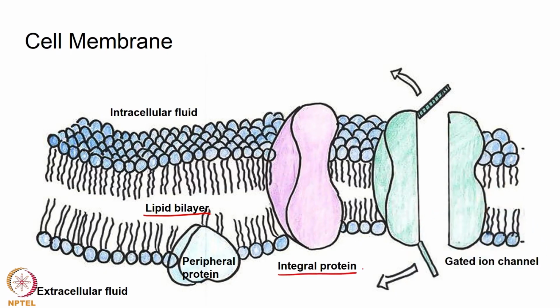Integral proteins or transmembrane proteins are those that span the entire membrane, and then there are peripheral proteins that are attached to one side of the membrane, right.